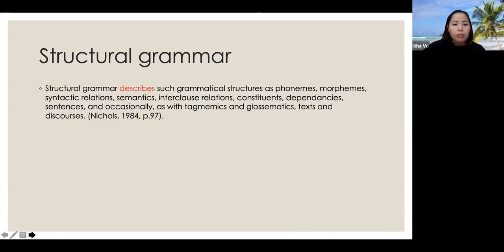And when we talk about structural grammar, it was very popular a decade ago, and we talk about the structure, how we structure a sentence and different parts of a sentence, like phonemes, morphemes, syntactic relation, and they describe and analyze the language at sentence form.